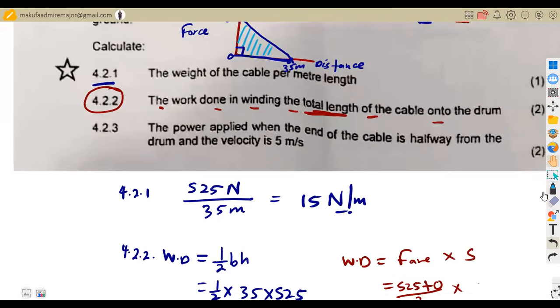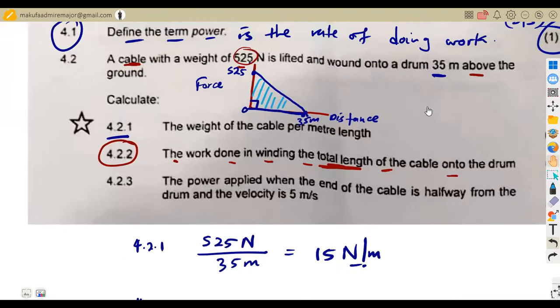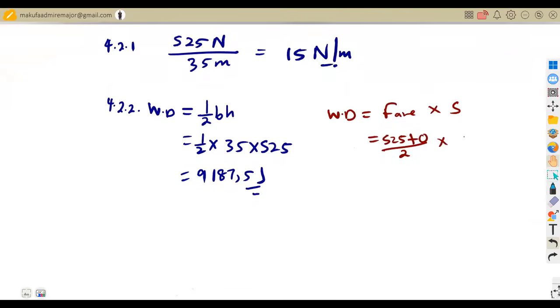Remember, we are dealing here with the whole length, which is 35 meters, the one that we are given. So meaning to say we are going to multiply this part by what? By the whole length of 35. So this part here is representing our average force in this case.